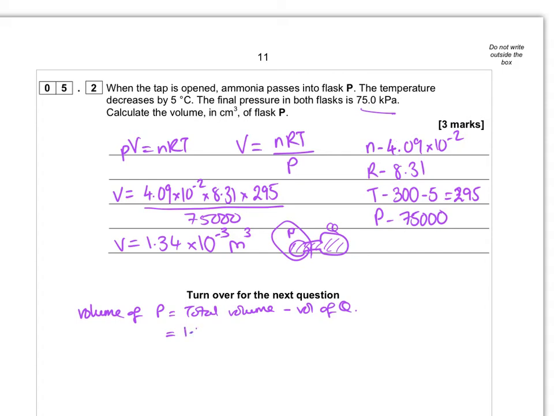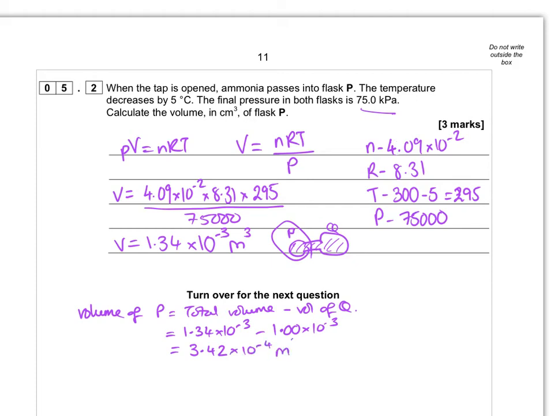So the total volume we've just worked out. The volume of Q was given to you in the previous part of the question as being 1.00 times 10 to the minus 3. So if we take one away from the other, we get our volume of P being 3.42 times 10 to the minus 4.